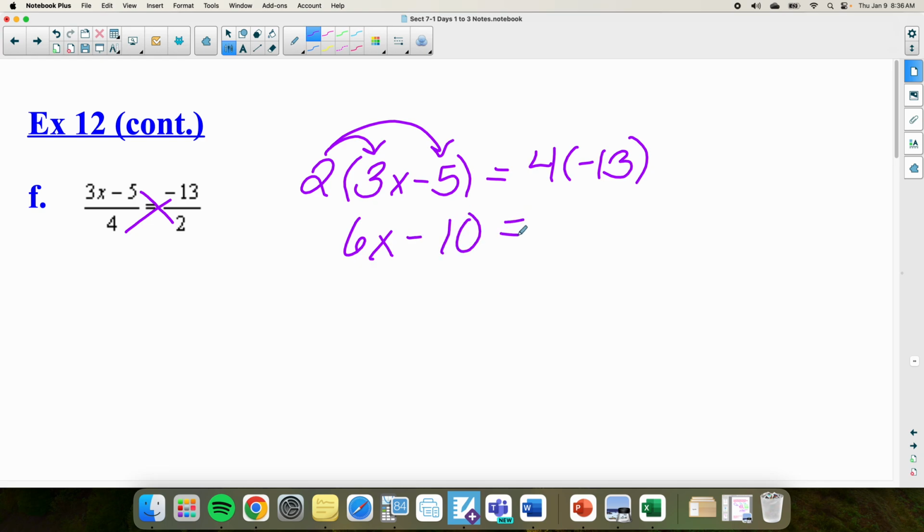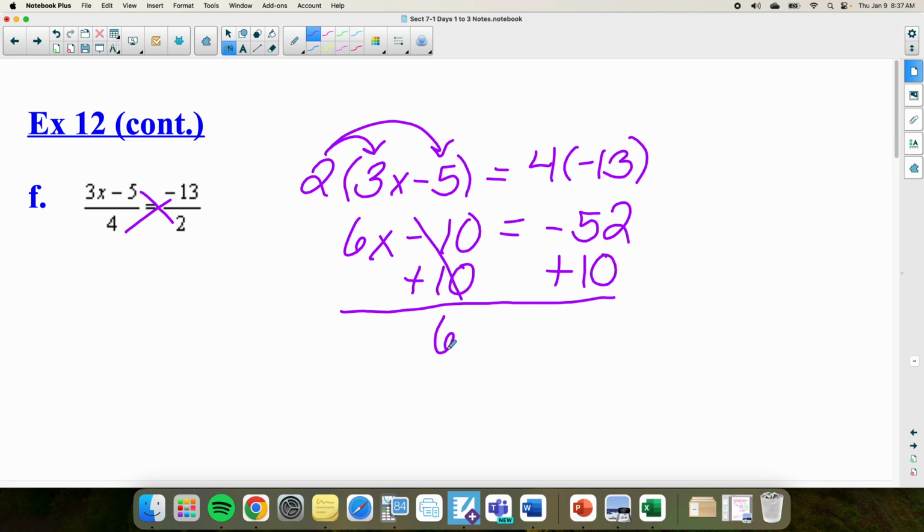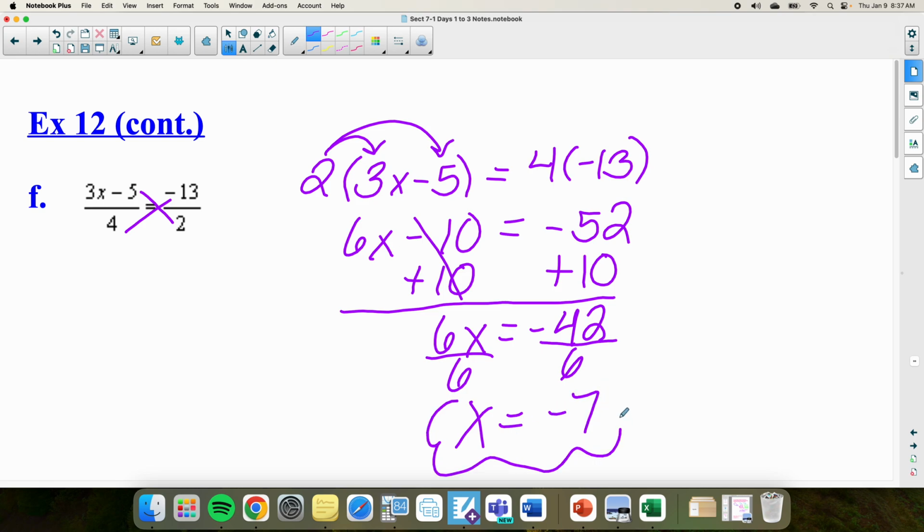And 4 times a negative 13, I believe, is negative 52. And then again, we just solve this using algebra, so I'm gonna add 10. And I get 6x equals negative 42. Divide by 6, and x is negative 7. Okay.